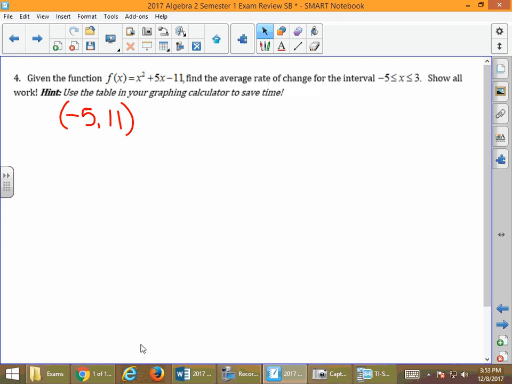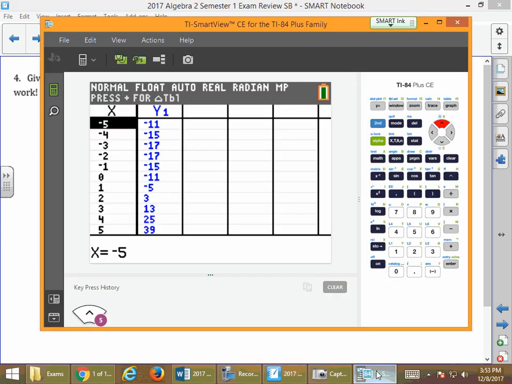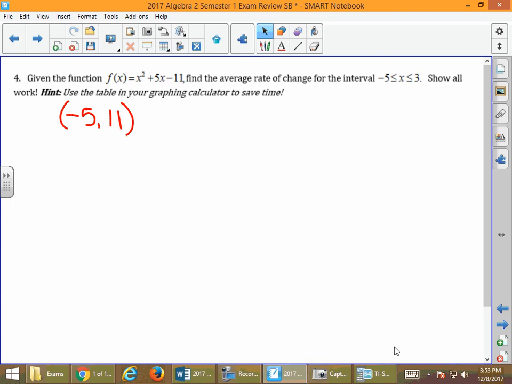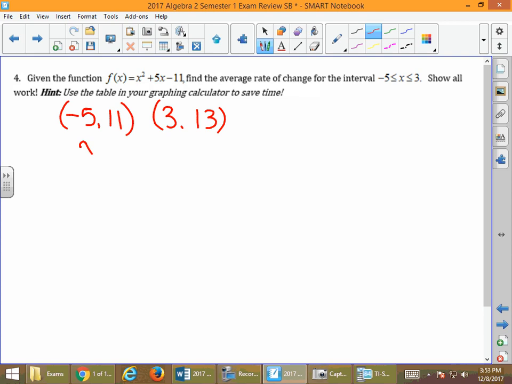And then as we go back to our calculator and look at the screen, we can still see 3 on here, and 3 has its y value of 13. So (3, 13). Once again, once we have that information, we can use it to fill in our formula there, which hopefully you went and wrote down a few minutes ago if you needed to.